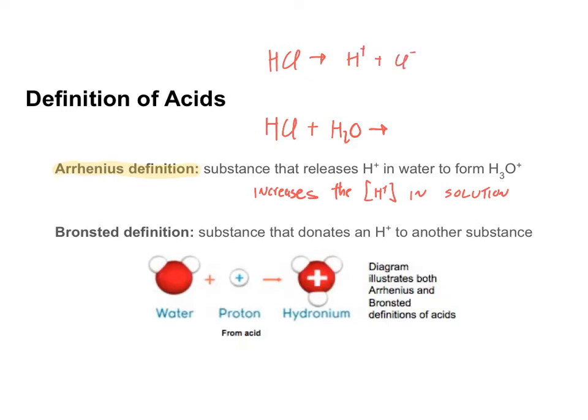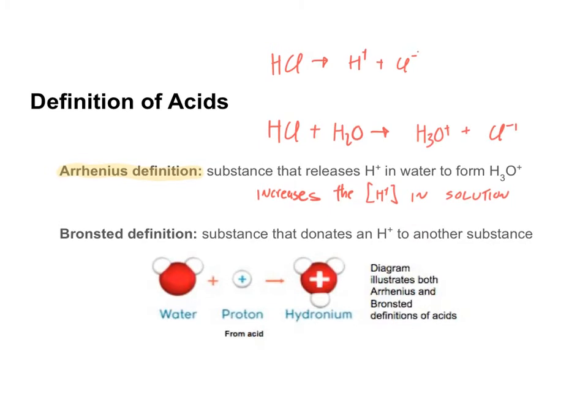But what especially happens with acids is that when they're in the presence of water, the hydrogen ion doesn't just float around by itself. It actually bonds to some of the water molecules, forming a compound called H3O plus, and we have the chloride ion left floating around.